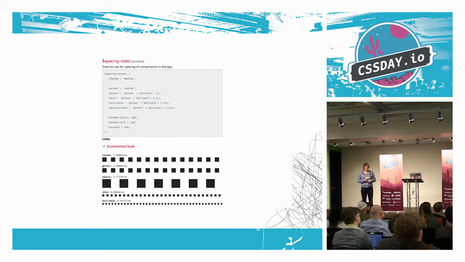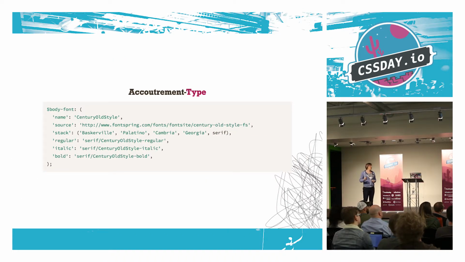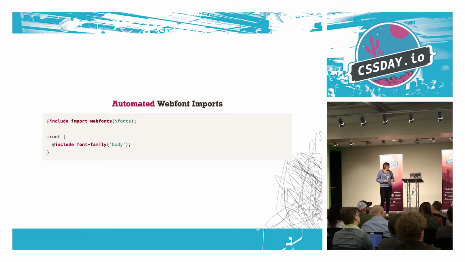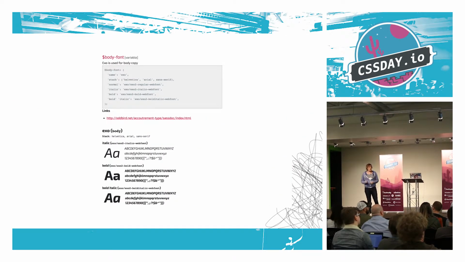And you could probably make prettier displays of this if you wanted to, but hey, I'm in a hurry. We've got accoutrement type where we just store all of the font data in one place, in one map. From that map, we can automatically do all of our imports because we have all the information we need. We can automatically call a font by name, and it will create the right stack for us.